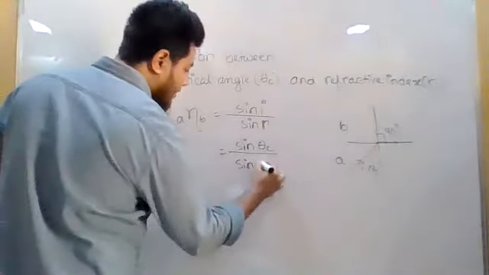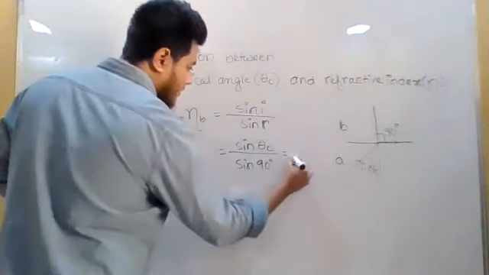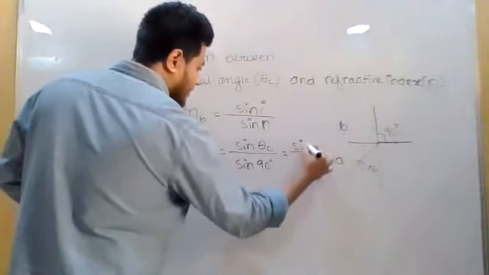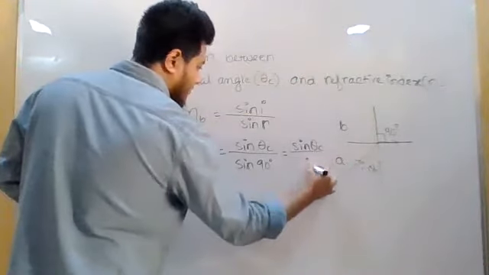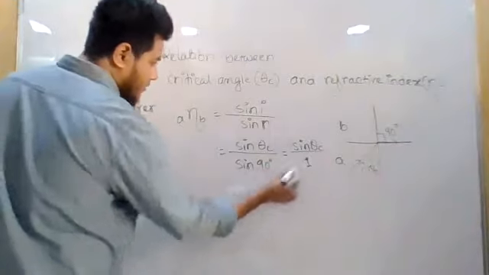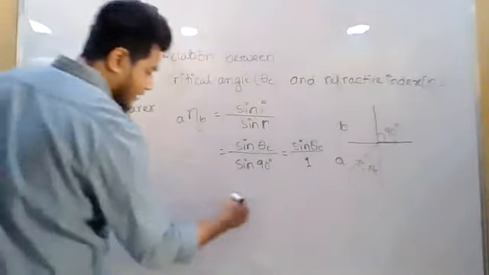So it will be sine 90 degree. What is the value of sine 90? 1. Anything divided by 1 is the same thing.